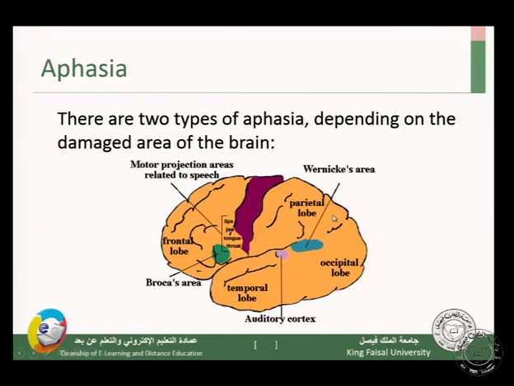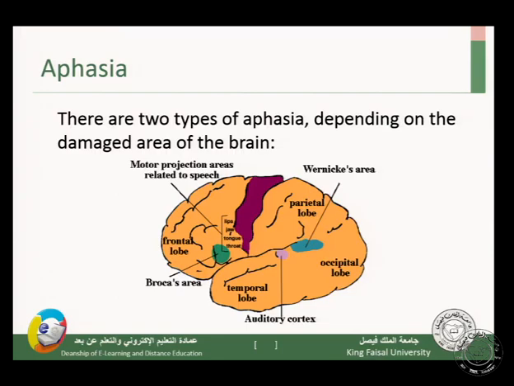Scientists have noticed that people who have damage to this area, which is called Broca's area, located in the frontal lobe of the left hemisphere of the brain, in front of the left side of the brain, have difficulty in language production.